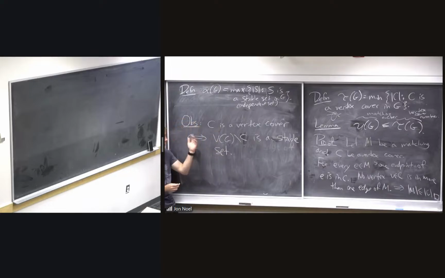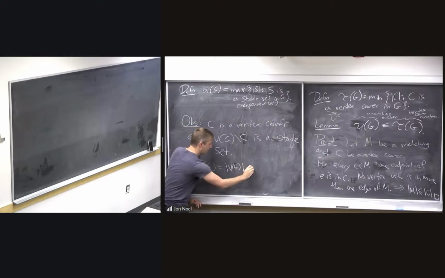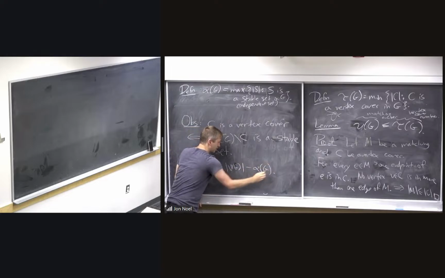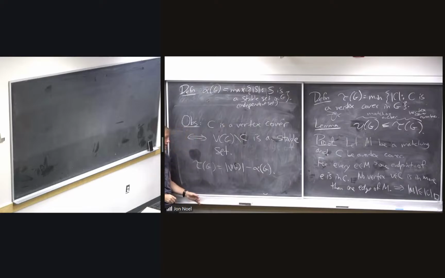So really, if you know the independence number alpha, then tau is not a new concept. It's just equal to the number of vertices in the graph minus the independence number, or stability number, or whatever we're calling it in this course, by that observation.